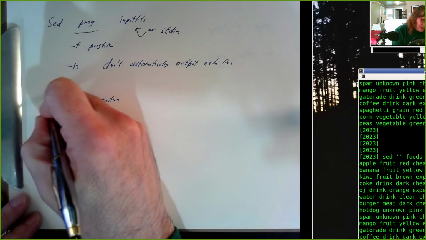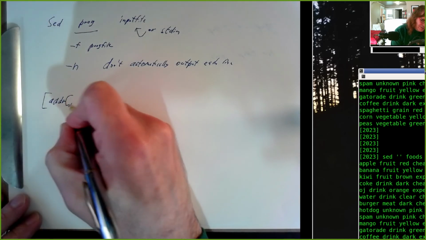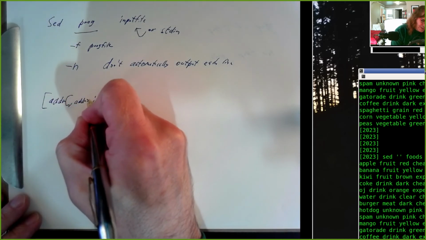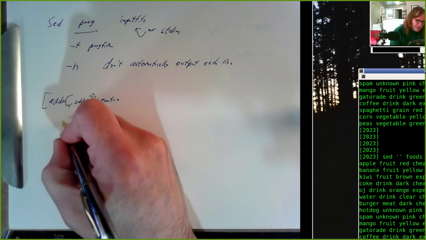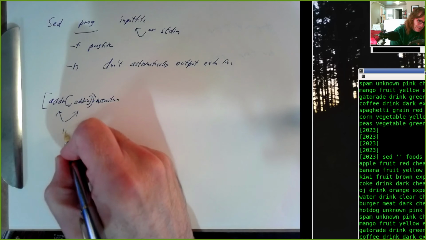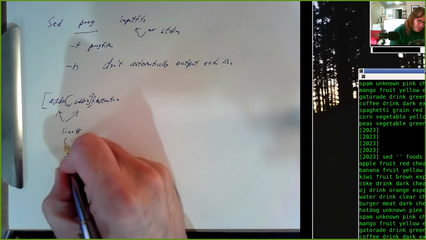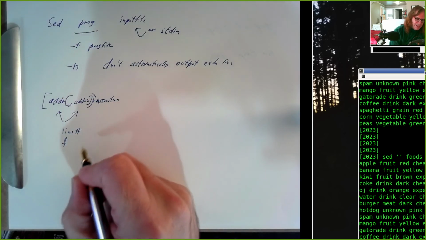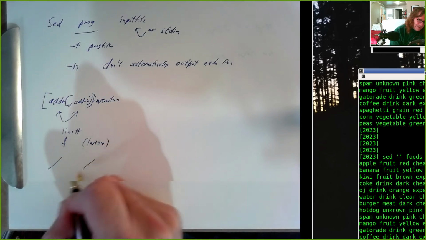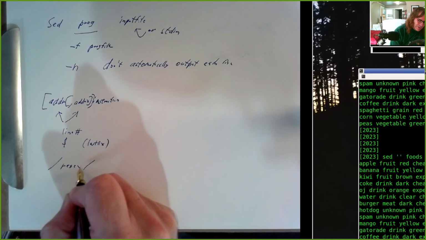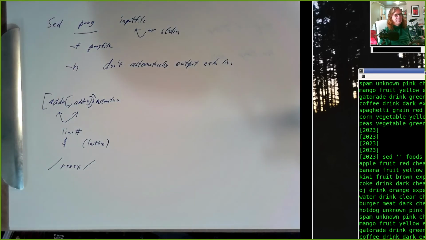And the address is optional, and the address can also be followed by a comma and a second address. And these addresses can be a line number. They can be a $sign as usual for the last line. Or they can be a pattern, which is a regular expression inside two forward slashes.